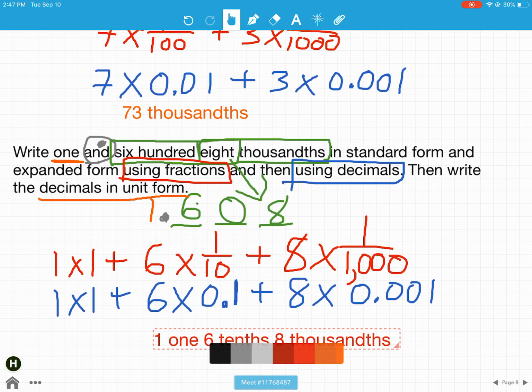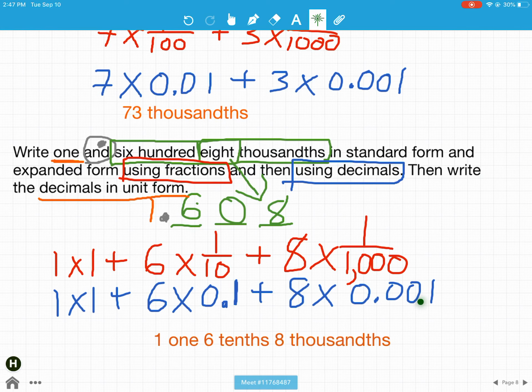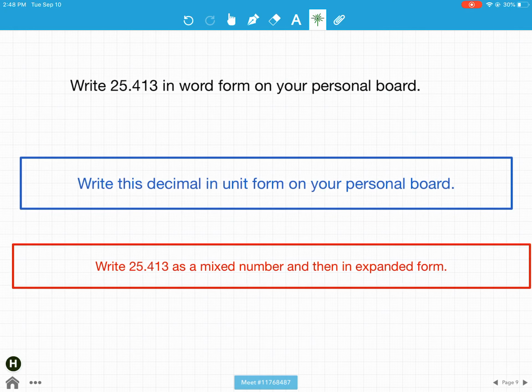Hopefully you can see the correlation. The 8 thousandths, the 6 tenths, the 1 1. Okay? All right.